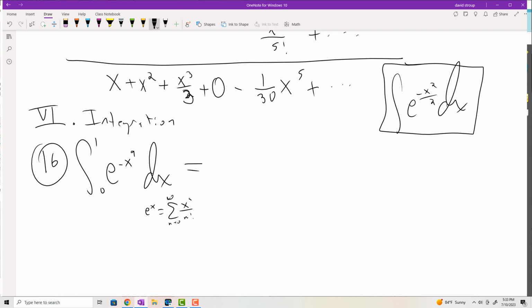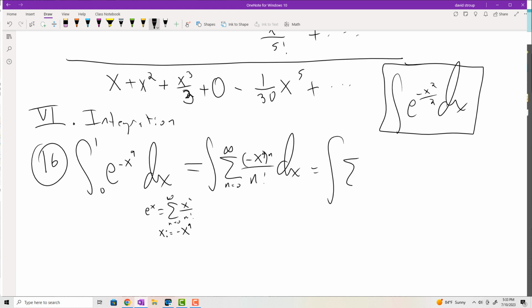Okay. So, anyways, what is this thing? It's the integral of the sum, and I'm replacing x with negative x to the ninth. So this will be negative x to the ninth raised to the nth power all over n factorial from n equals 0 to infinity. Let's make that look a little prettier.